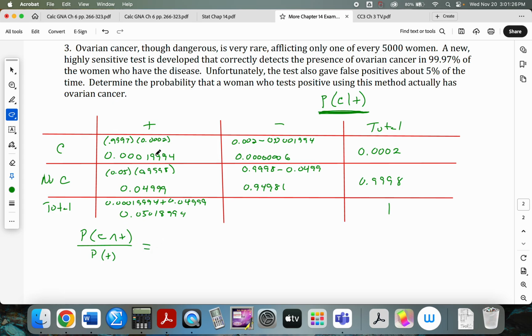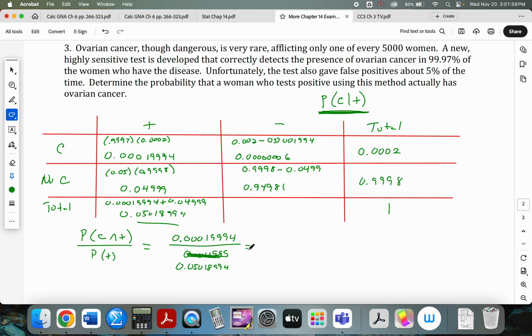So this is both, they have cancer and they have a positive test. It's not very likely. Of course, it's not very likely that they have the cancer at all. Divided by, oh, sorry, wrong one, this one, 0.050189994.